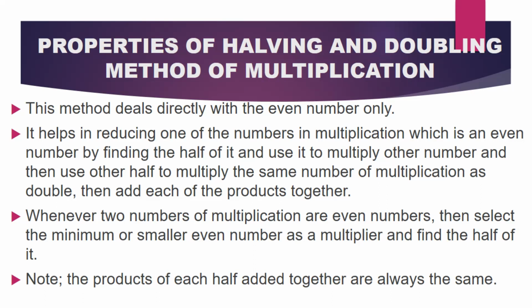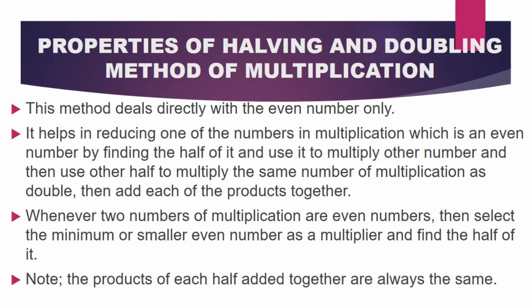So it helps reduce one of the numbers in the multiplication, which is an even number, by finding the half of it. Then you find the half of the even number and use the half to multiply the other number. And again, use the other half to multiply the same number that you multiplied. Therefore, you find the product of that and then you add the products.